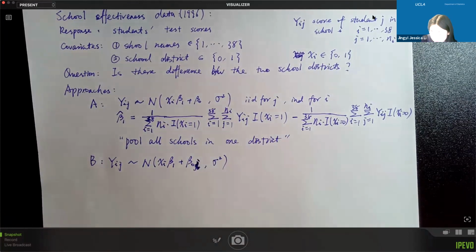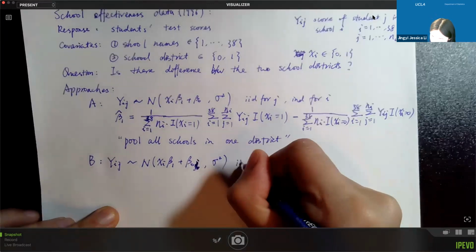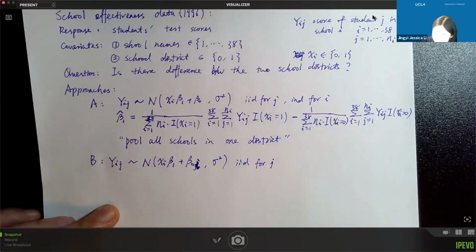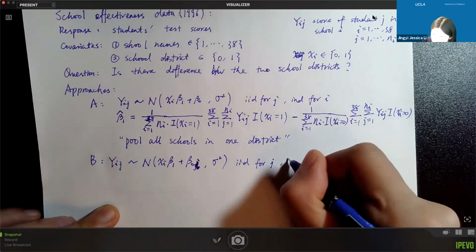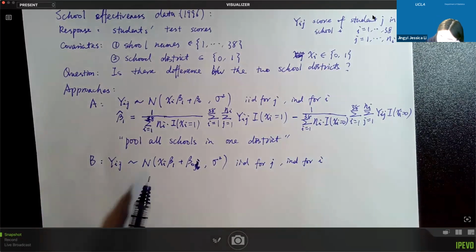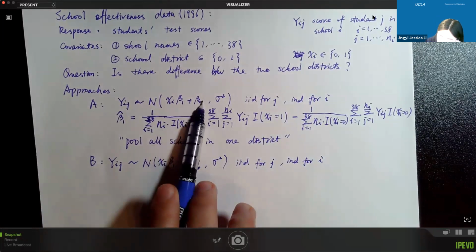In terms of randomness, it's still IID for j: students in one school are IID. And we're still assuming independence across schools i. But the thing is that here, beta 0 becomes beta 0i.